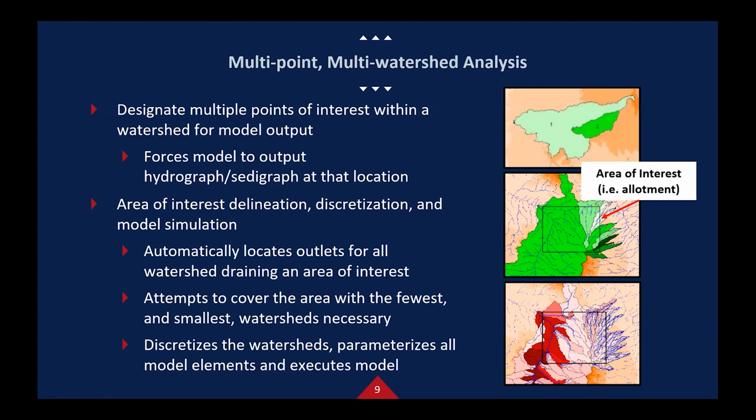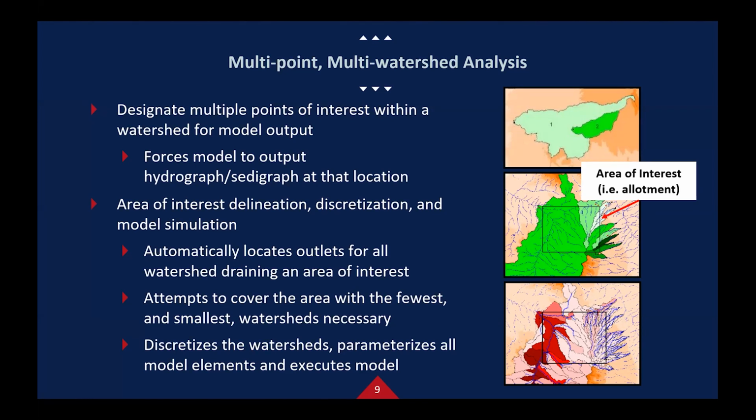So that could be an area of concern within your watershed, or it could be an internal gauge site within your larger watershed. And you want to model to that point as well as to the pour point that represents the entire watershed. So this is an important tool. We use this a lot when we're working post-fire.